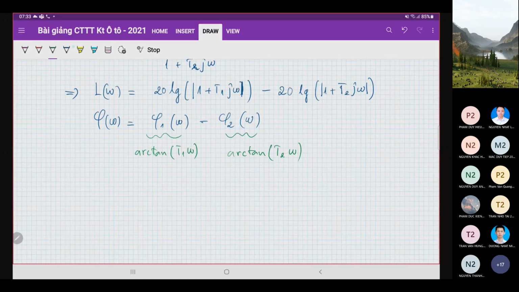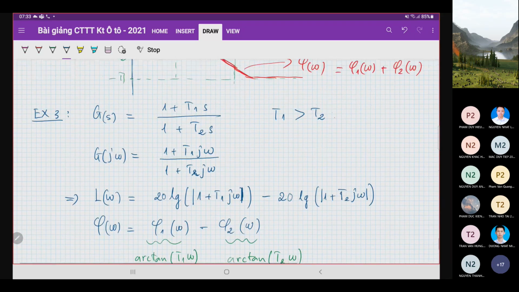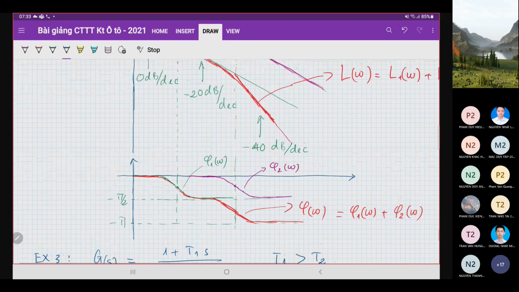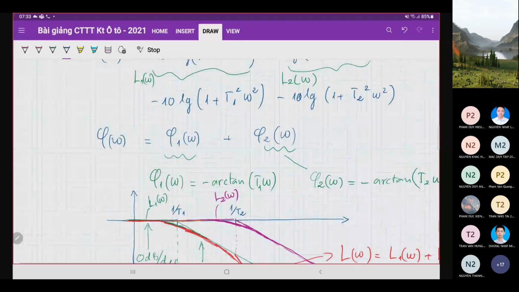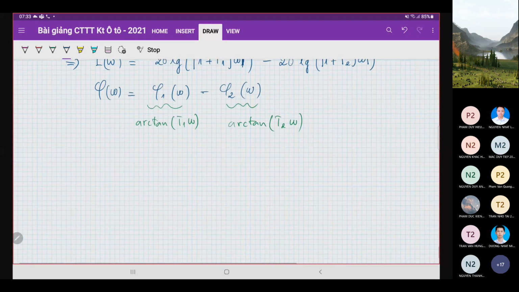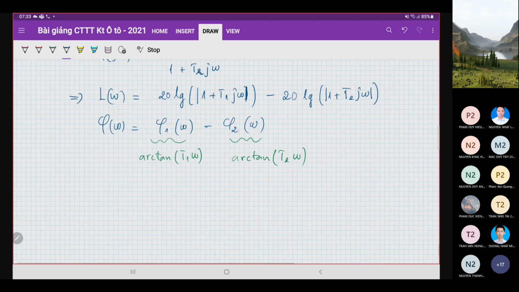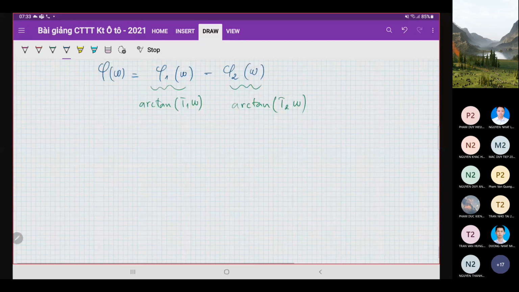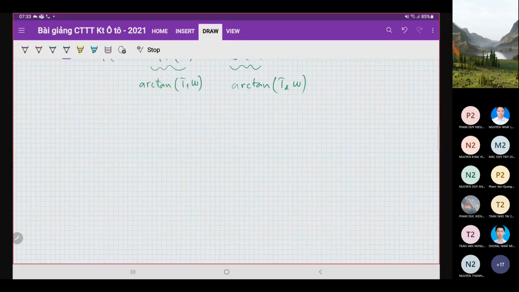Okay. And from here we see that we try to draw the diagram of this one, okay?